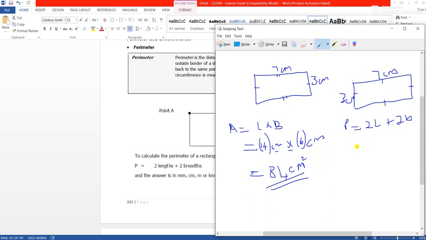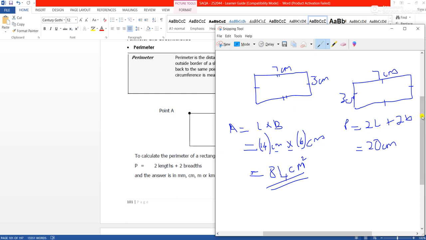In this example, when we add the two answers, let's say 14 plus 6, it will give you 20. The answer will be in centimeters. Why not centimeters squared?